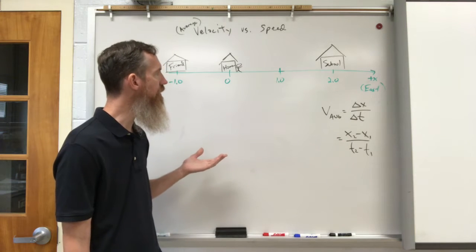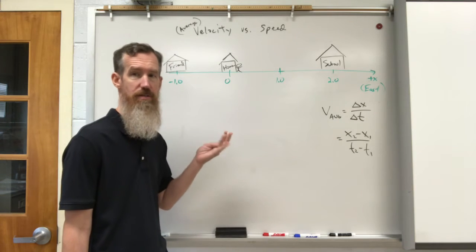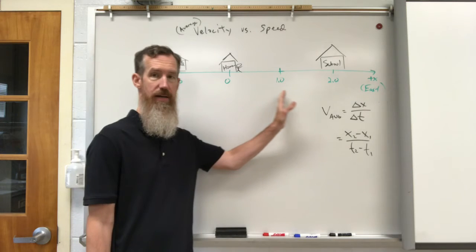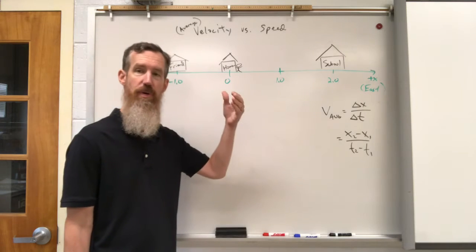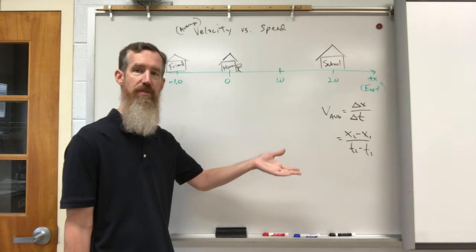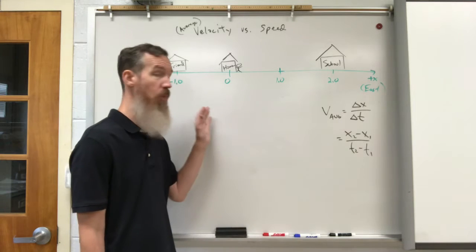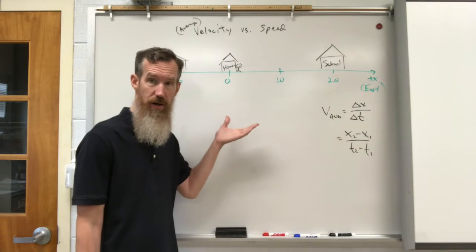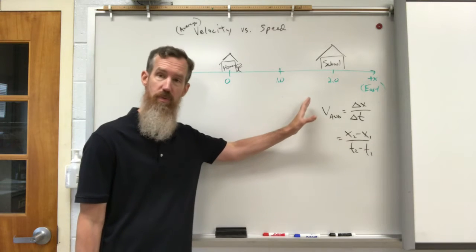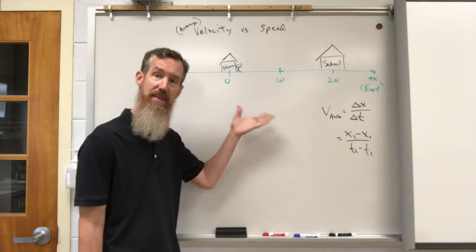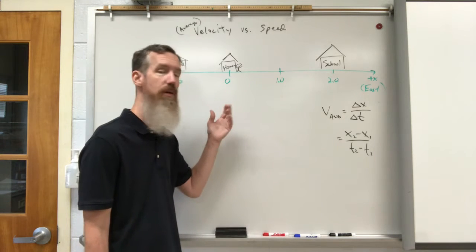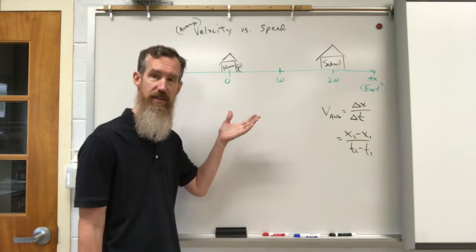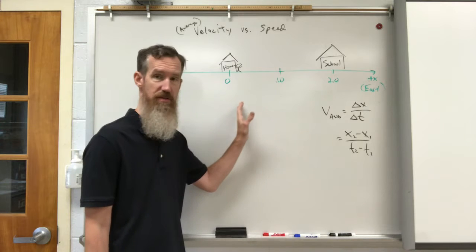And if you walk slowly with a long amount of time, you're going to have what we call a lower average velocity. If you walk really fast or run, or even hop in a car, you're going to get there much more quickly, you're going to take less time, and therefore your average velocity, that rate of speed, is greater.